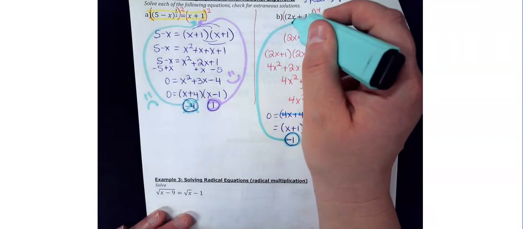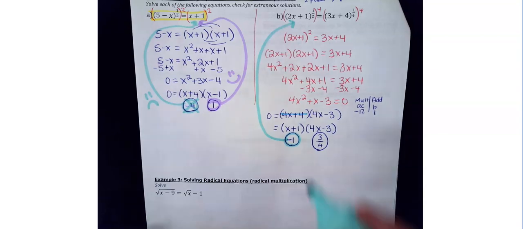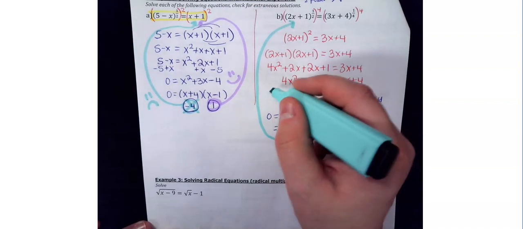If I plug in negative 1, I just cannot have that be negative. 2 times negative 1 is negative 2, plus 1 is going to be negative 1. That would make that side of the equation negative. You can't take the square root of a negative. So that negative 1 is going to be an extraneous solution. That's not an answer.